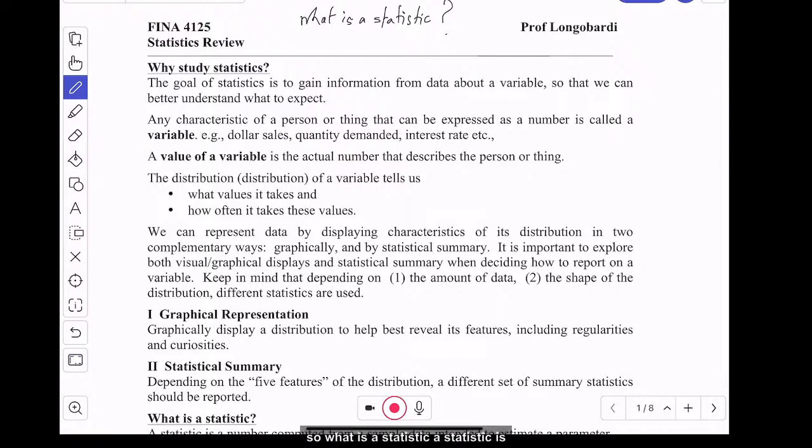So what is a statistic? An example would be the average GPA of students in their fourth year. An example could be the median income of households in the San Juan metro area.